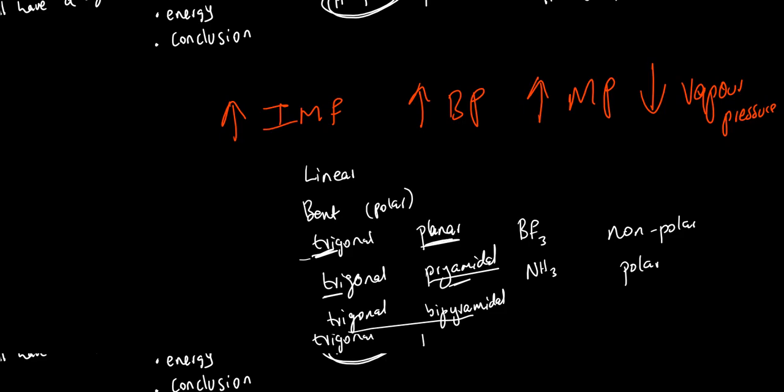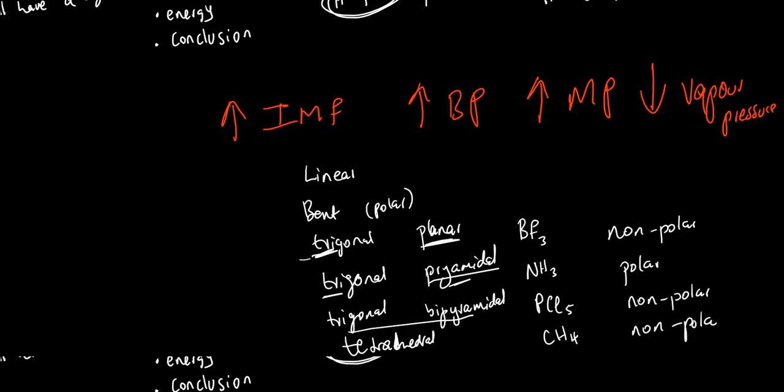An example of tetrahedral could be CH4, they are non-polar, right? Octahedral, non-polar. But the ones that will be polar are pyramidal and some parts of linear. So you can just remember that, you should be okay.